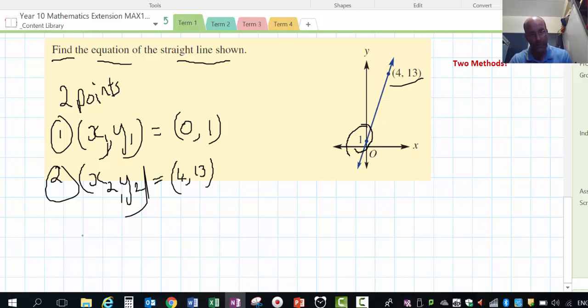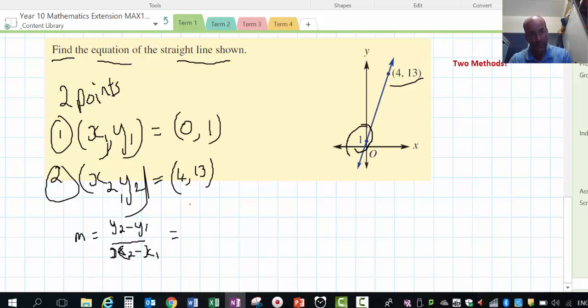There's two methods, and the first method involves finding the gradient. The gradient is the rise over the run, or it's y2 minus y1 over x2 minus x1. Can you see that that's simply just rise over run, especially from your work last year?